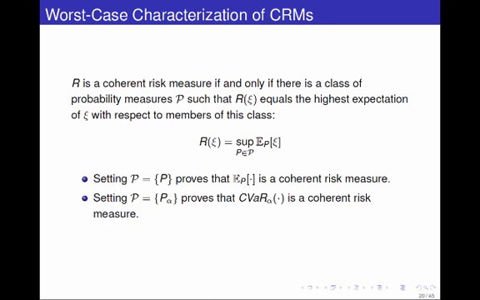I take a lottery, and the way I assign a score for the lottery is by taking its expectation over a probability measure P. That's how I put scores, that's how I like it. And I tell you, oh, okay, interesting way to score lotteries. But I'm not sure you've convinced me it's a coherent risk measure.